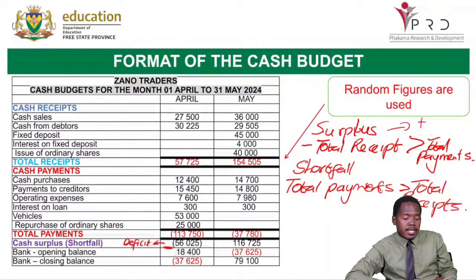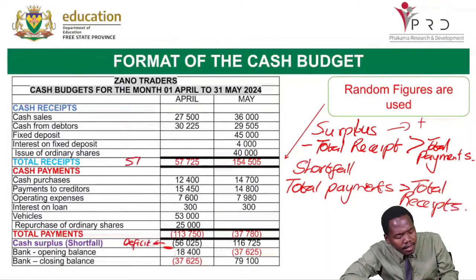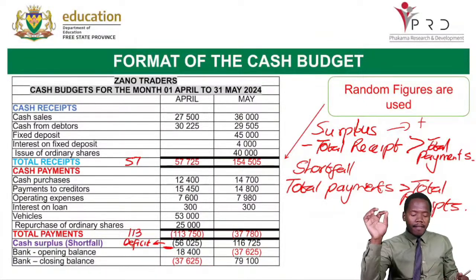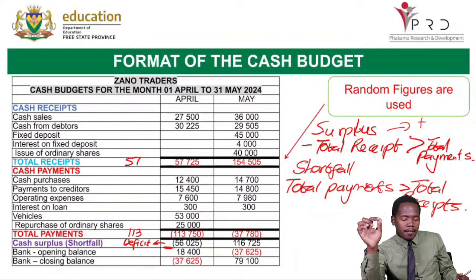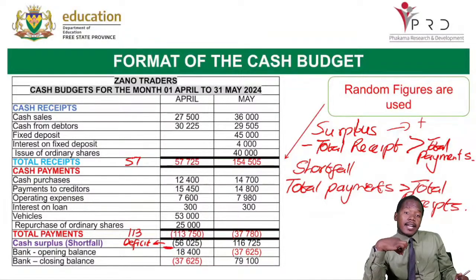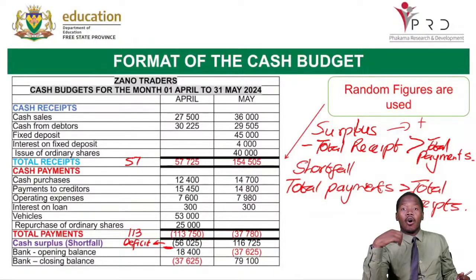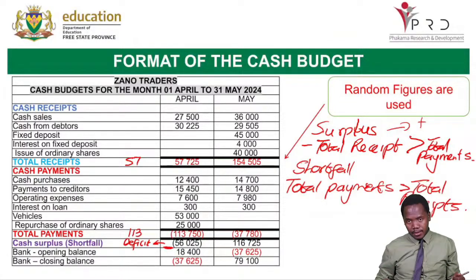Why is it a deficit? Because 57,725 was smaller than the total payments of 113,750. So if I say 57,725 minus 113,750, we get a negative answer of 56,025.